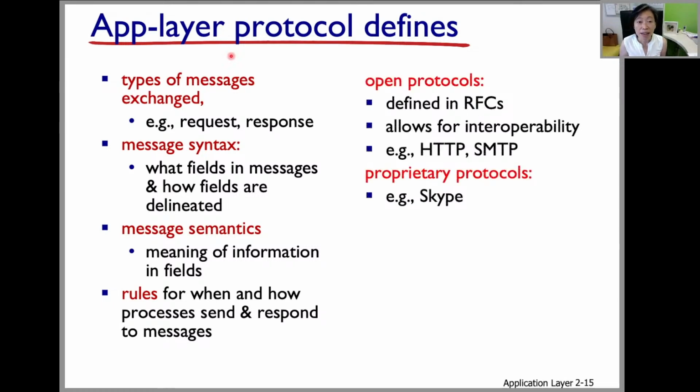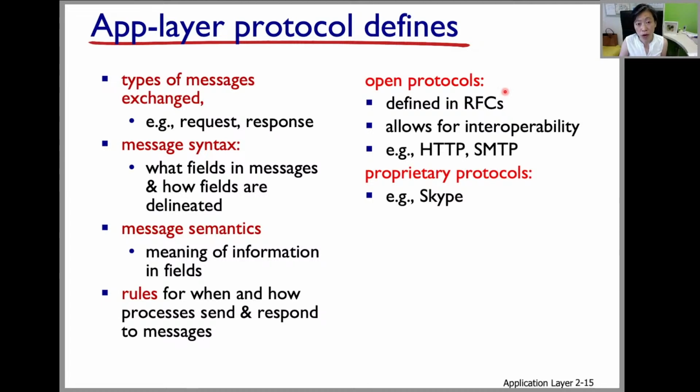Now, many of these application layer protocols are open, meaning if you just Google, you can identify, for example, the World Wide Web's application layer protocol. That is actually called HTTP, and it's defined in one of these RFC documents.